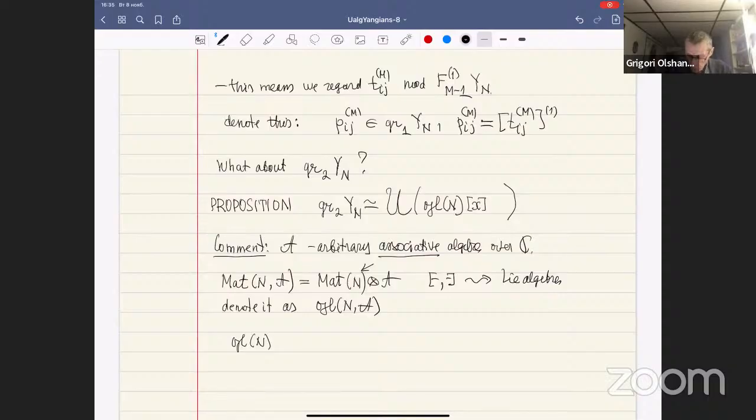So this is precisely GL with values in the algebra of polynomials in one variable. So this is the claim. We form this Lie algebra. We take the universal enveloping algebra, and the claim is that this is the second graded algebra.